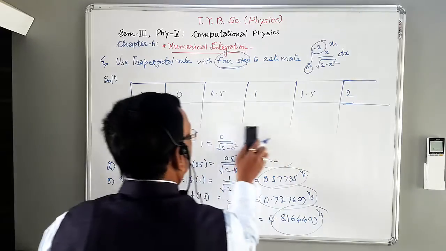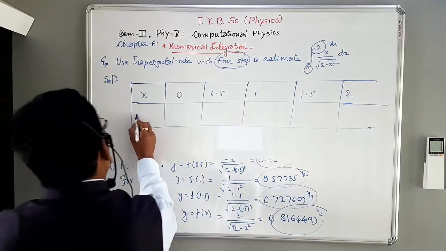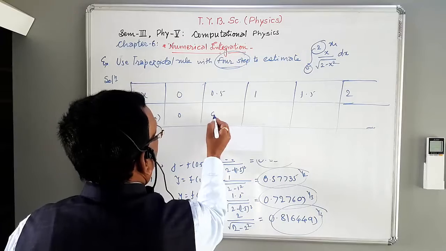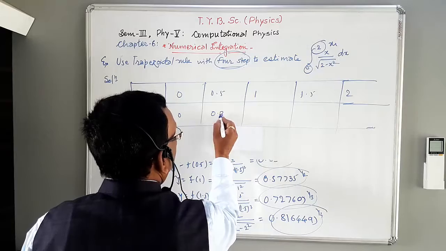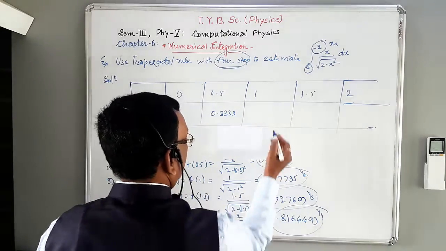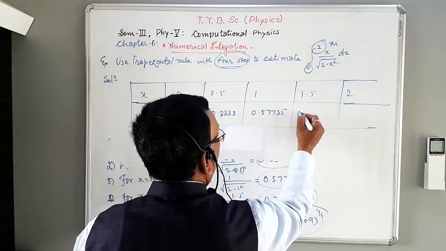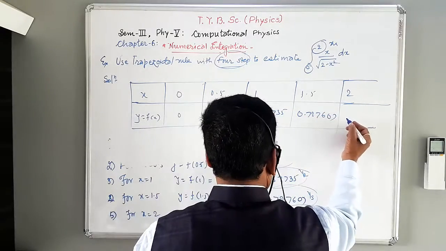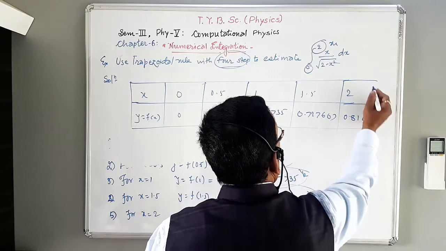Then y is equal to f of x: the first value is 0 for 0, then 0.3333 for 0.5, 0.57735 for 1, 0.727607 for 1.5, and last one for 2 is 0.816449.